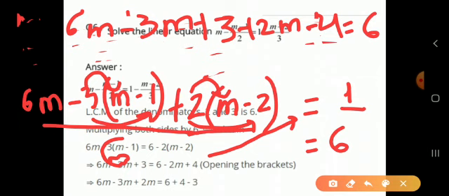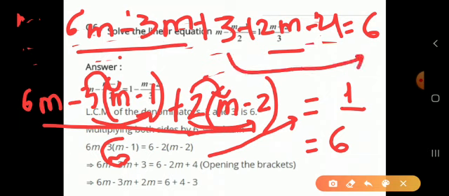Now see, some are variables and some are constants. So constants we can bring to one side. The terms 6m minus 3m plus 2m are variables, and the numbers 3 and minus 4 can be shifted to the right side. While shifting, 3 will become minus 3 and minus 4 will become plus 4.